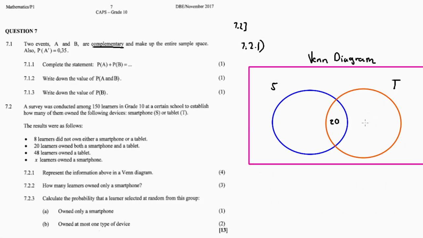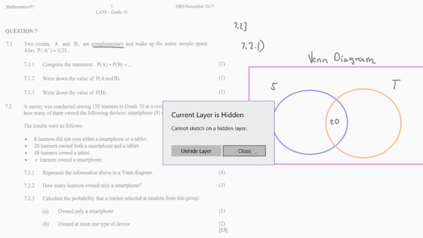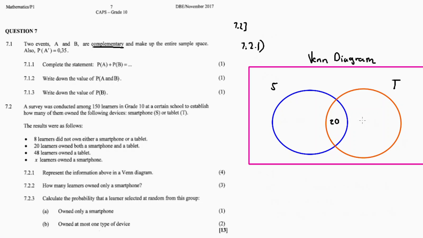So it means it's going to be 48 minus 20, which is 28. Check: 20 plus 28 gives us 48, because the learners who own tablets were 48.